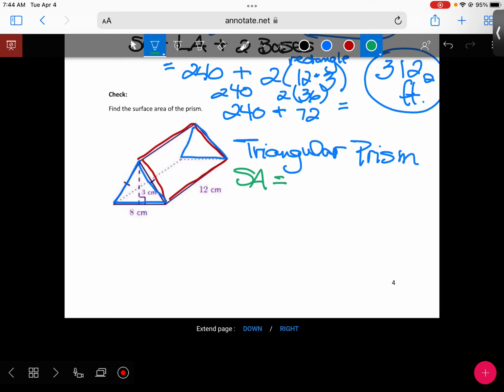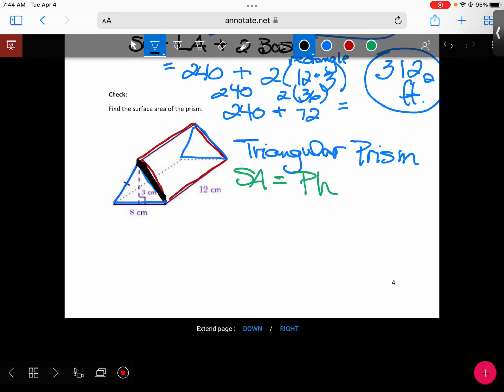So I want to find my lateral area first. Lateral area equals perimeter times the height. Okay, perimeter times the height. As I'm looking at this perimeter, I need to know what the length of this bottom is, of this rectangle.